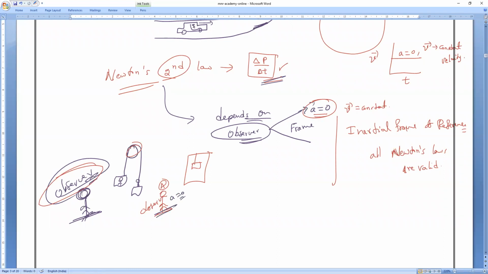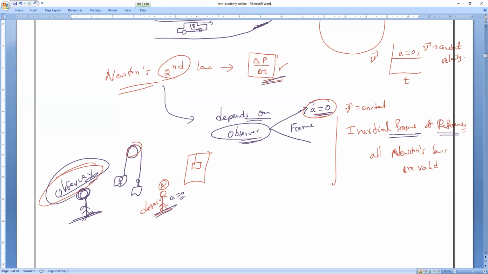Then all of Newton's laws are applicable. That is what you should remember. Whenever the acceleration of the observer is zero, the frame of reference is called an inertial frame of reference, where all of Newton's laws are applicable or valid. Clear, everyone?